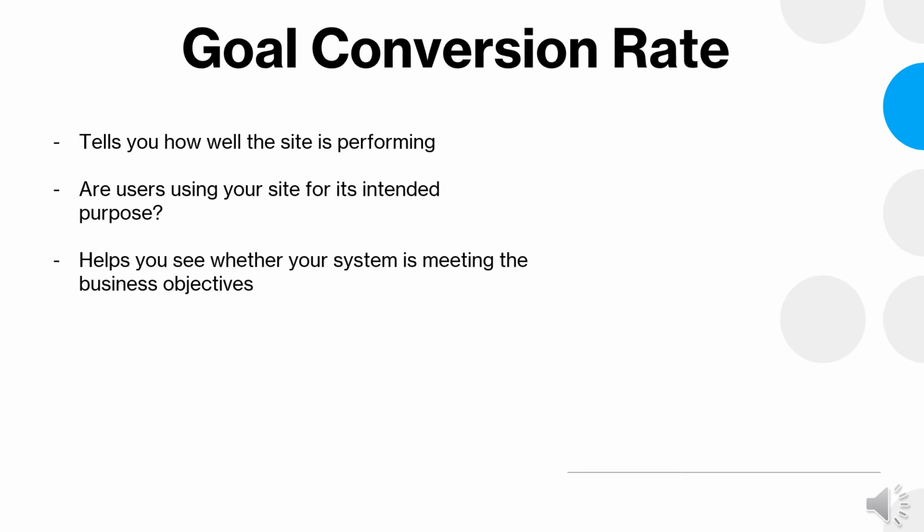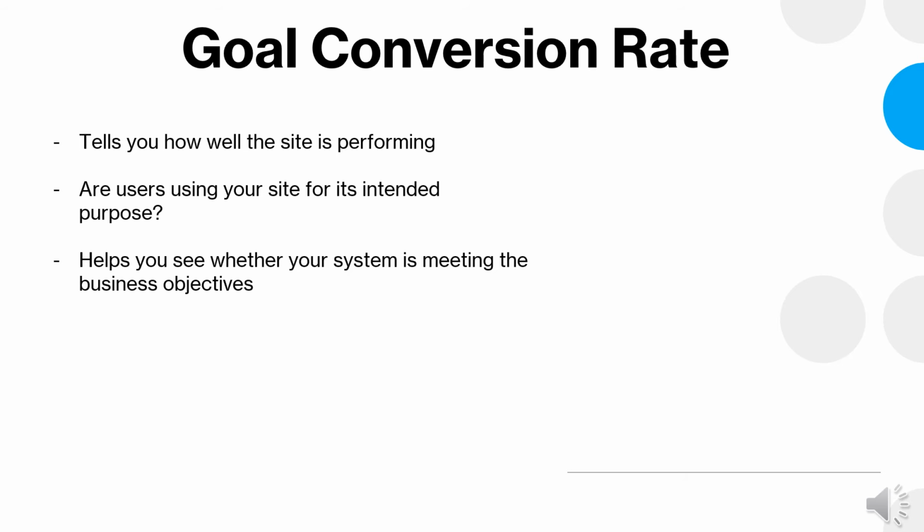So what it does is it looks at the percentage of visitors that are completing a desired goal, which is a conversion, out of the total number of all visitors that are visiting your website. And a high conversion rate basically means that your website is very successful.